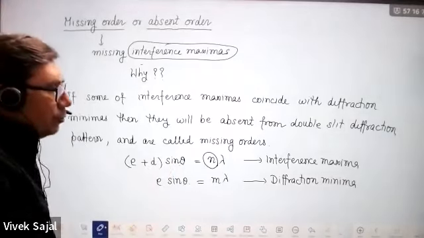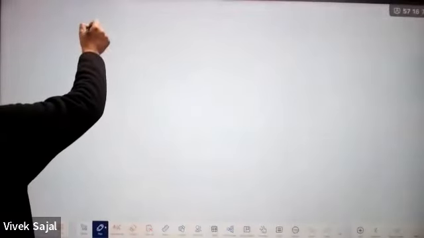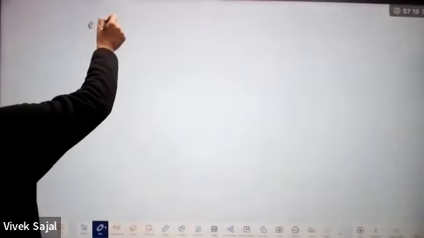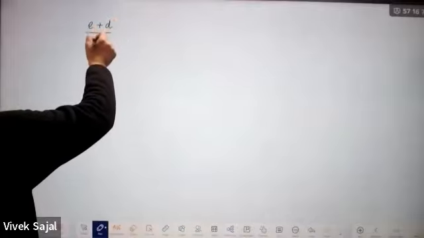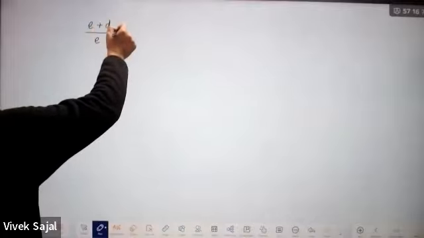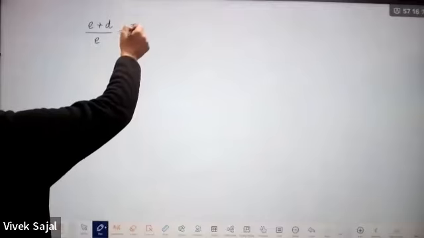On dividing these two, because theta is the same, sin theta will cancel out. (e + d), the separation between two slits, divided by e is equal to n upon m.